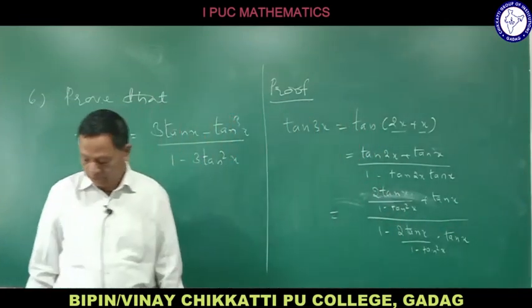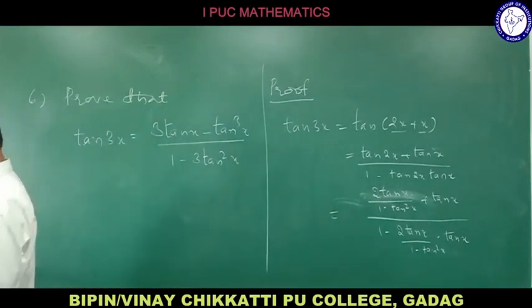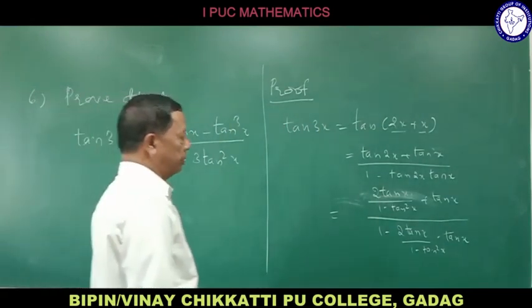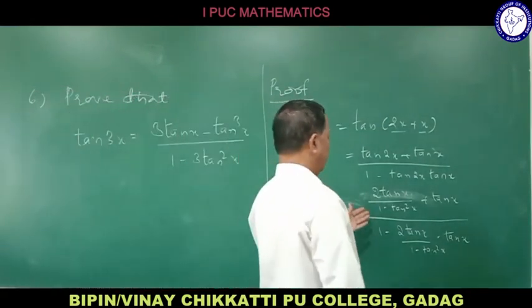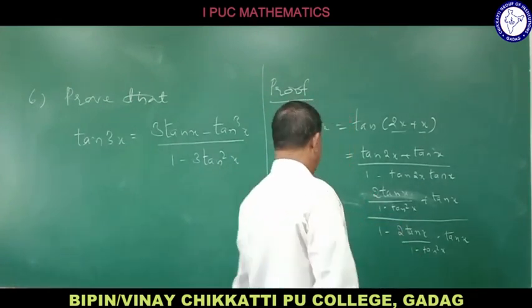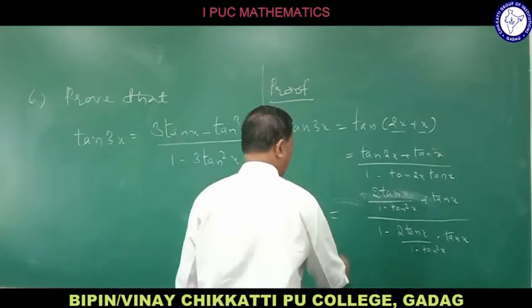So the formula here used is tan of x plus y and the tan of 2x formula, and both numerator and denominator are multiplied by 1 minus tan square x, easy going.